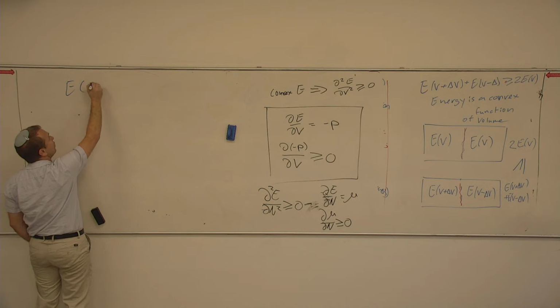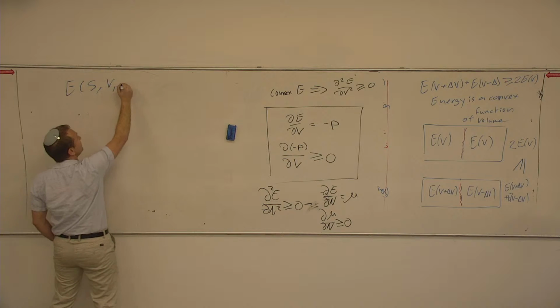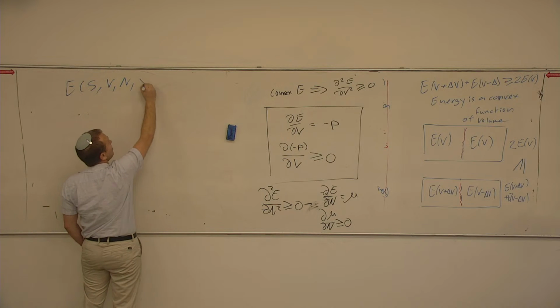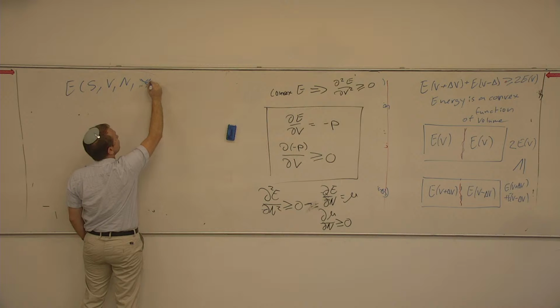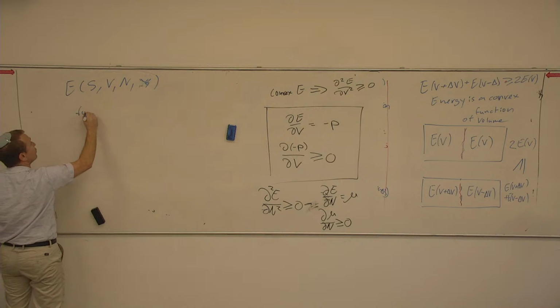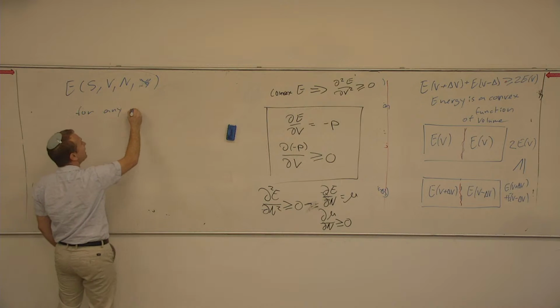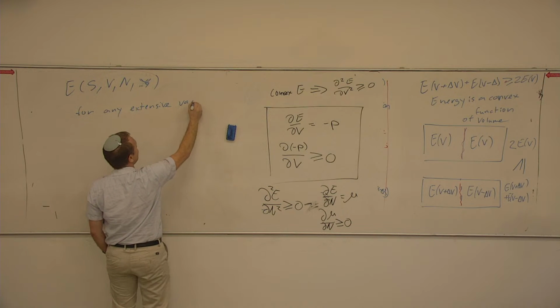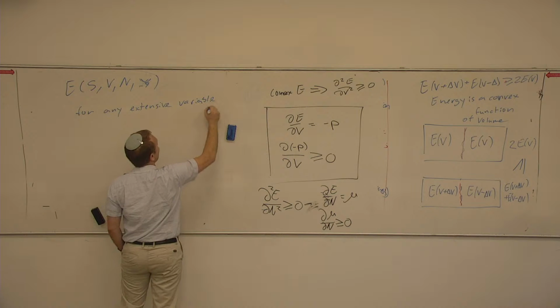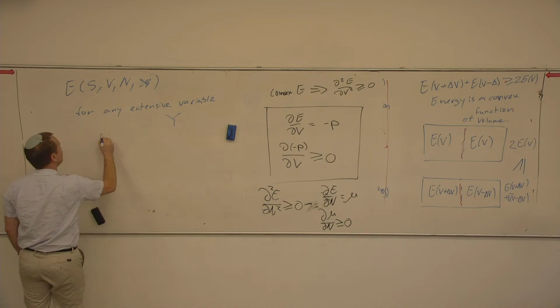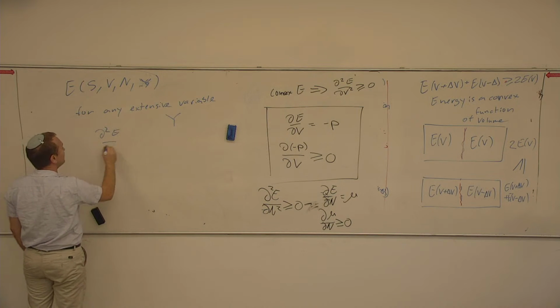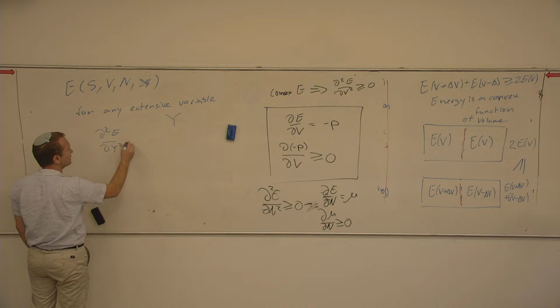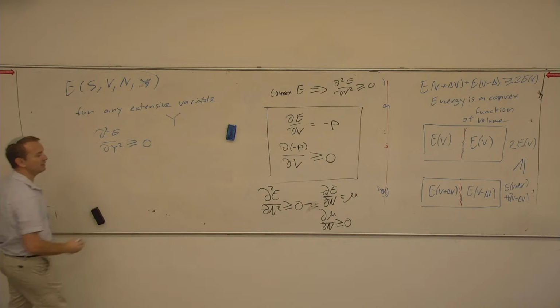E is a function of S, V, N, and Y. For any extensive variable Y, d squared E over dY squared is going to be greater than 0.